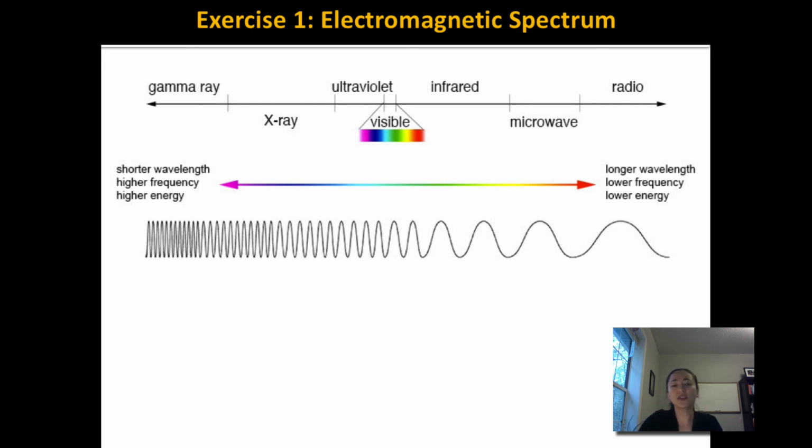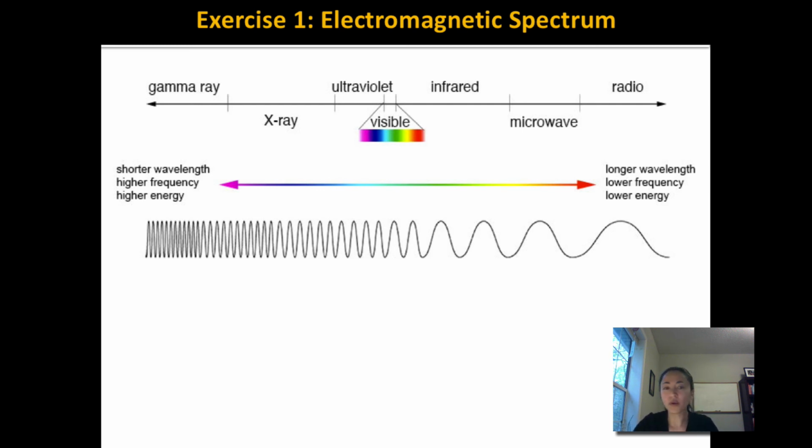So some examples of electromagnetic energy include gamma rays, X-rays, ultraviolet light, visible light, which is the light that is important for photosynthesis. We also have infrared light, microwaves, or radio waves. What makes each of these different types of energy different from each other is their wavelength.